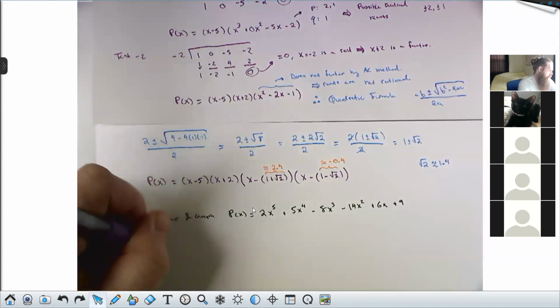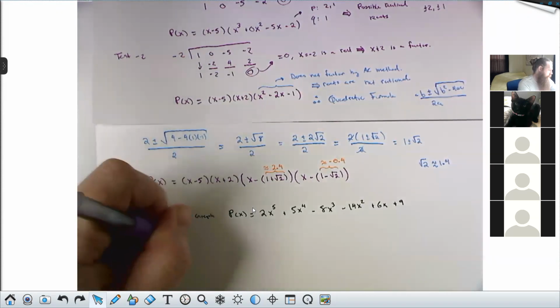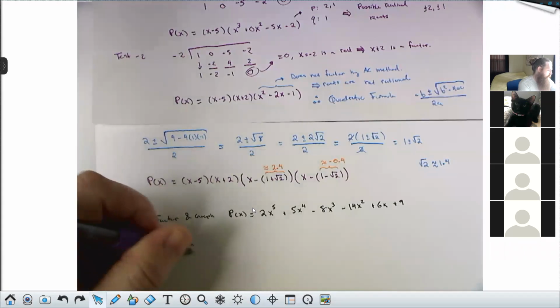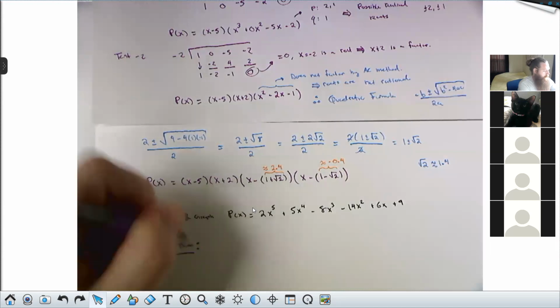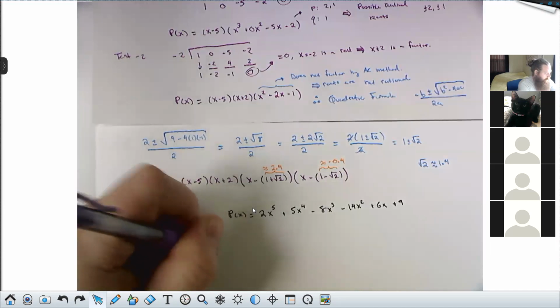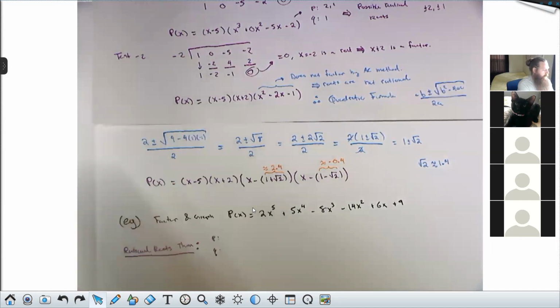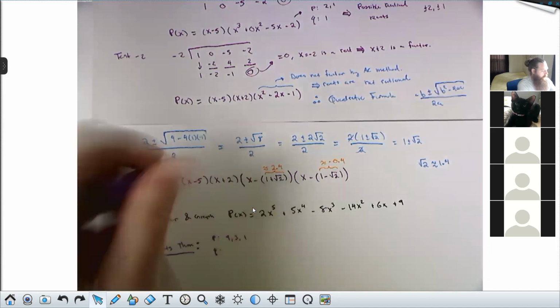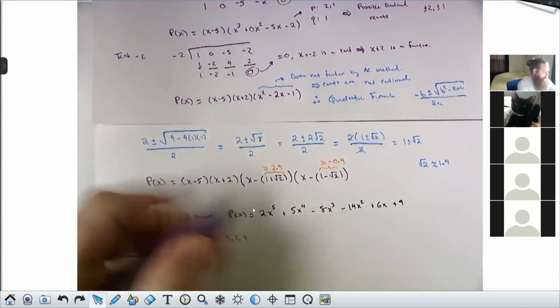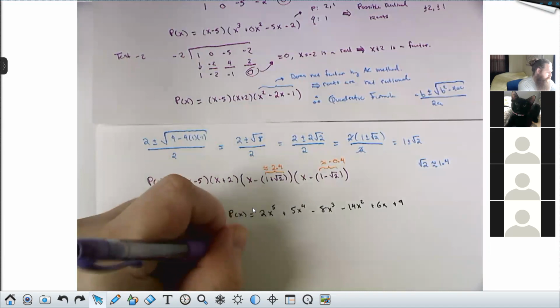I need to know what the rational roots theorem says. So I cook up my little p's and my little q's. Little p's would be divisors of 9, which are 9, 3, and 1. My little q's would be divisors of 2, which are 2 and 1.